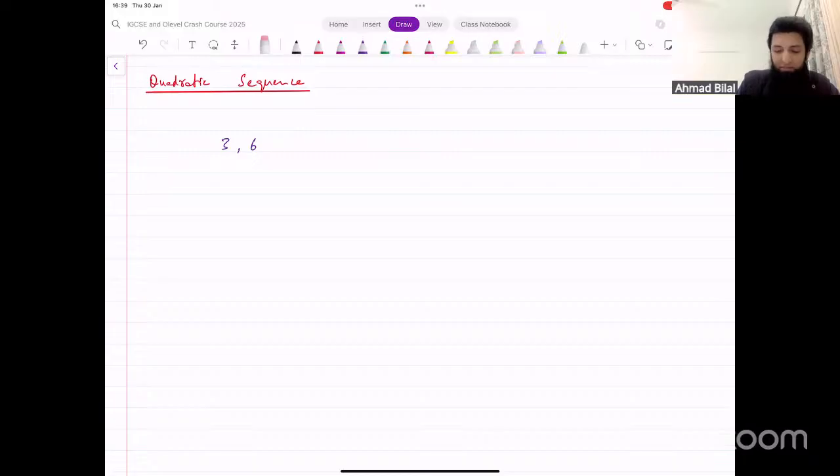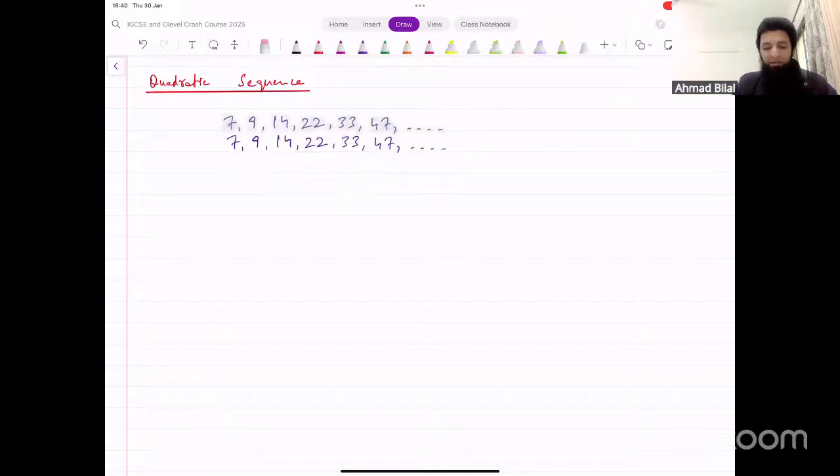Let's say I have 7, and then I have 9, 14, 22, 33, and 47, and so on. Let's say I have a sequence that looks like this. Yeah, so this is a sequence that I have.